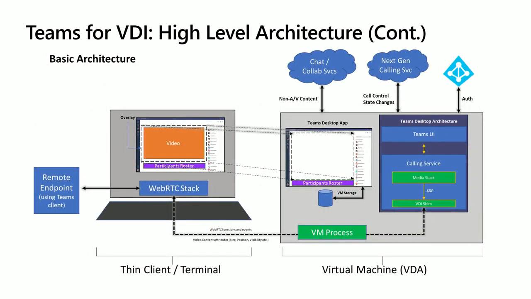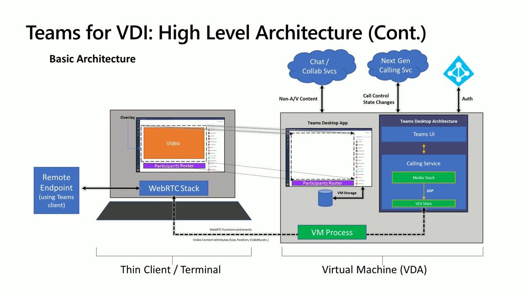So this is the basic architecture. You've got the thin client or the terminal running on the left, and that's running, of course, the WebRTC stack, and that's talking to the remote endpoint using the Teams client. But under the covers, these overrides that I was talking about, they actually talk to a virtual machine process running in the server, and then in turn, those talk to a number of different services.